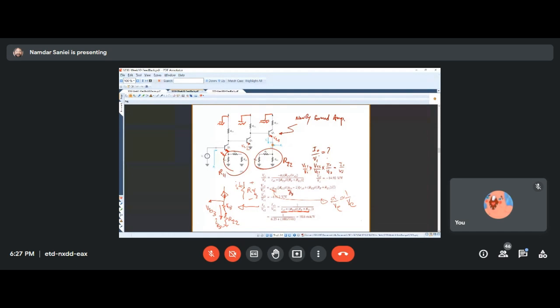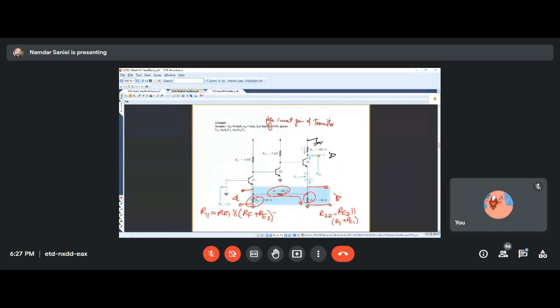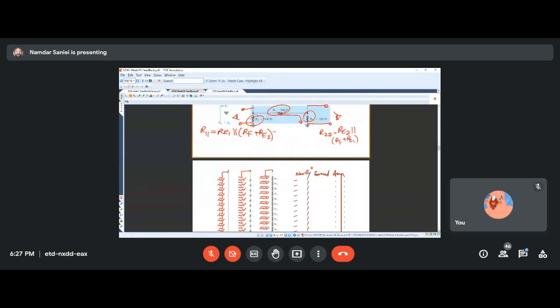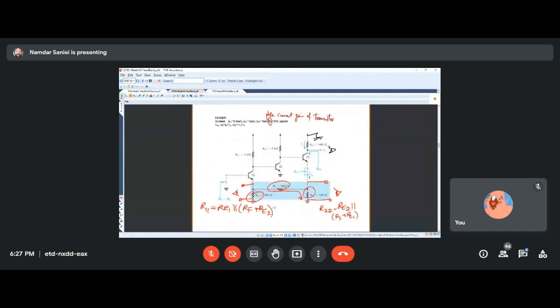And the output of the loop could be different than the output of the circuit. This is the output of this circuit. Of course, we are often interested in finding the voltage gain of the circuit. Then we have to find VO over VS. But as far as the loop is concerned, it's I/O over VS.